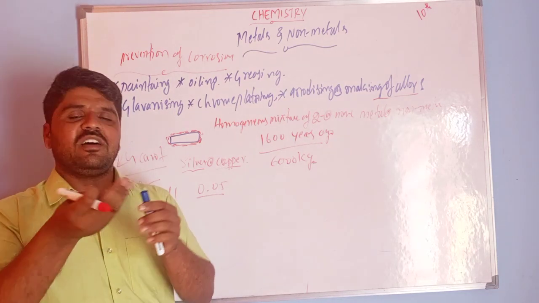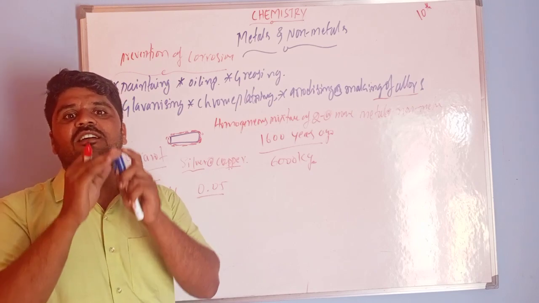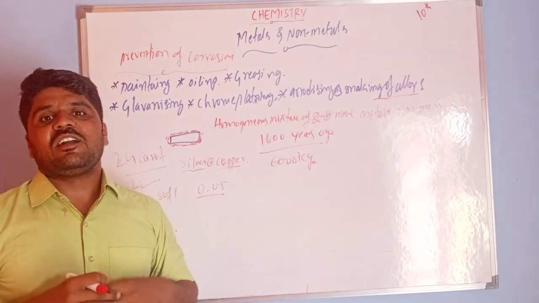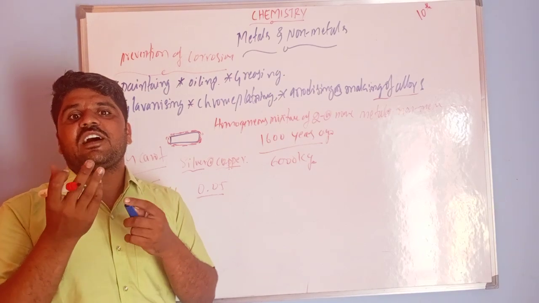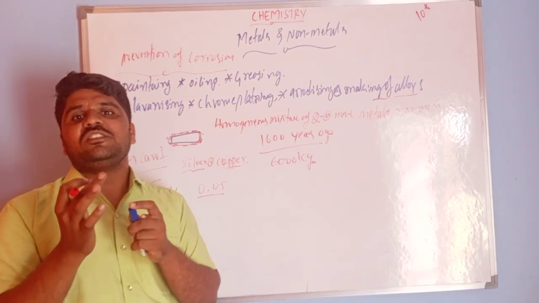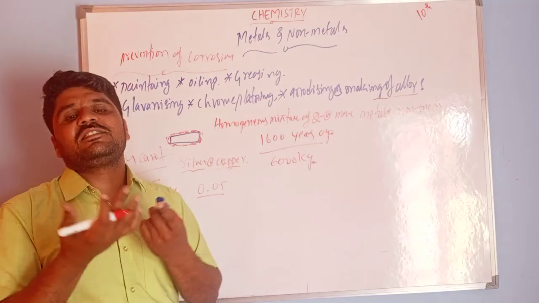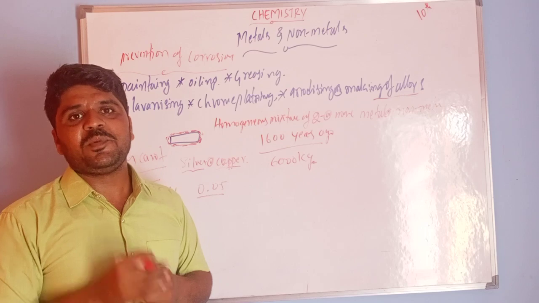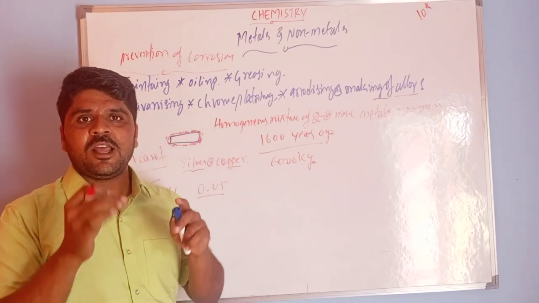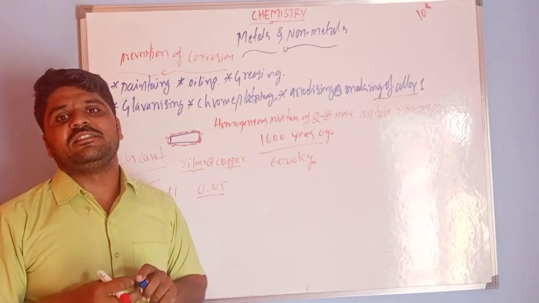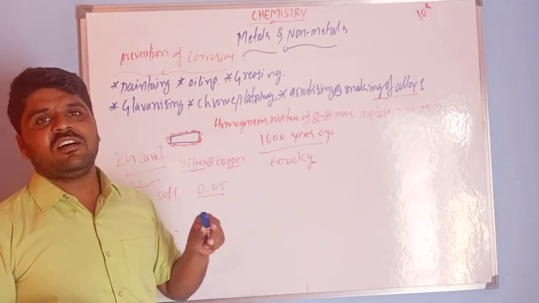After mixing with other metals and non-metals, the melting point of the alloy is lower than that of the pure metal, and it also conducts electricity. Brass is an alloy of copper and zinc. Bronze is an alloy of copper and tin. Pure copper conducts electricity and is used for making circuits.